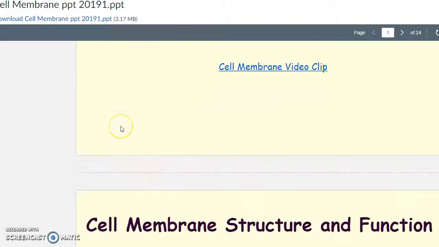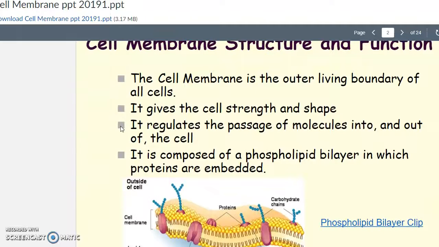Alright, so there was that video clip. So the first thing is cell membrane structure and function. Basically, it is the living boundary of all cells, so it's going to be what contains it and makes sure it has strength in keeping its shape.